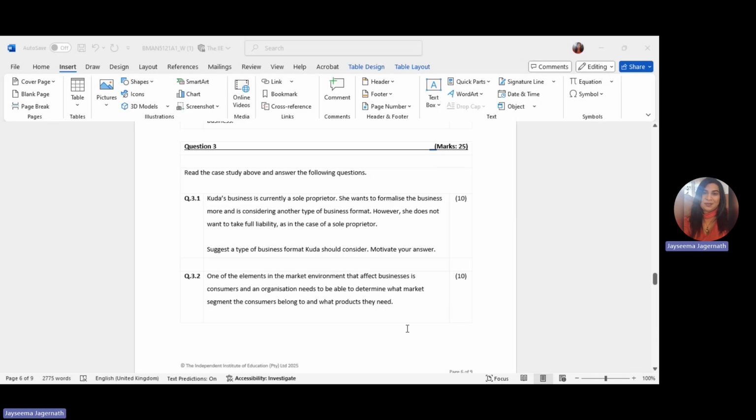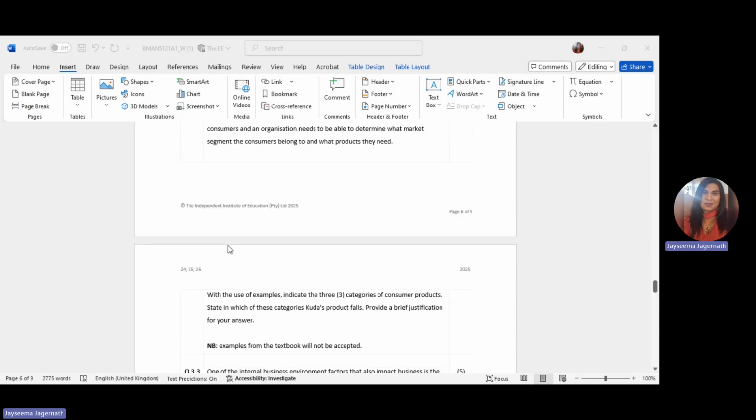Okay, you will also need to go through the different types of products that we have. And remember, it's durable products, semi-durable, and services. And you would need to explain them and link them to the case study and decide which type Kuda now manufactures.